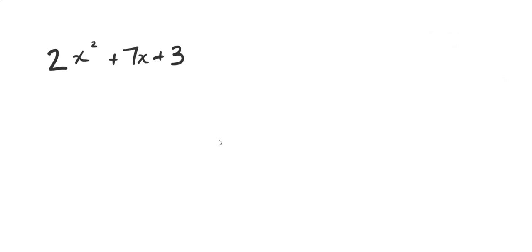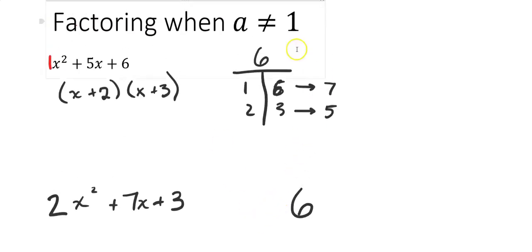It's very similar. However, there is a step in the very beginning that we have to do. We have to take our first coefficient and our last coefficient and multiply them together. So 2 times 3 is going to be the number that we use to find our factor pairs, like in this first example.